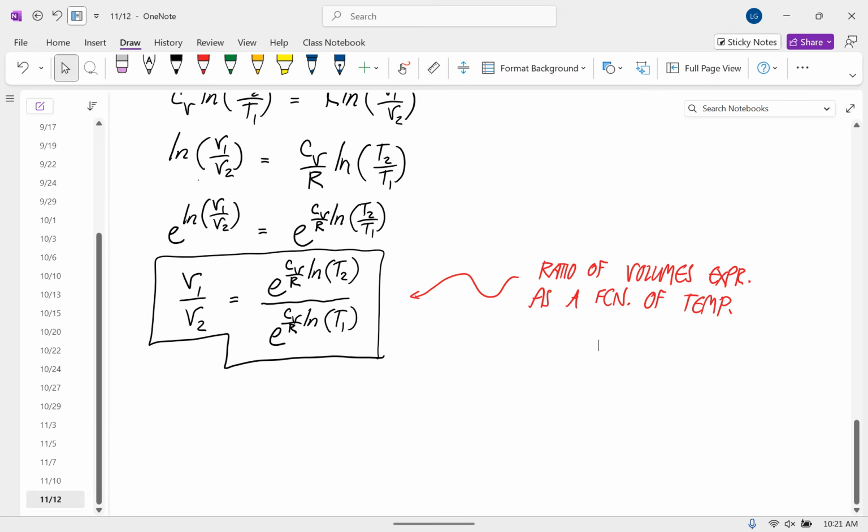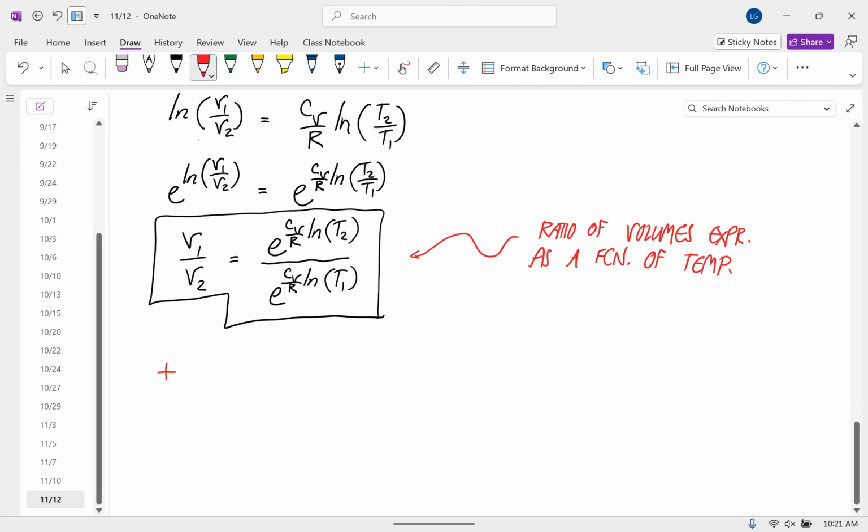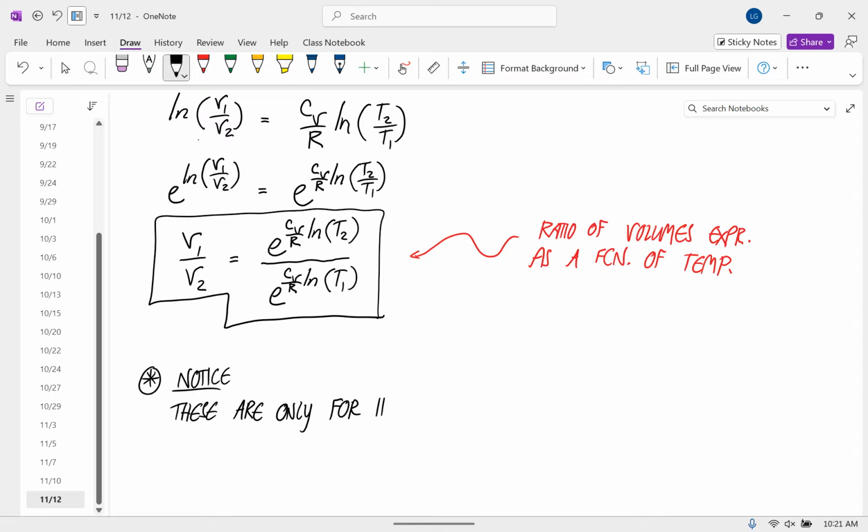Okay, so with these, remember, these are only for ideal gases. So you can also use it in any problems like this.